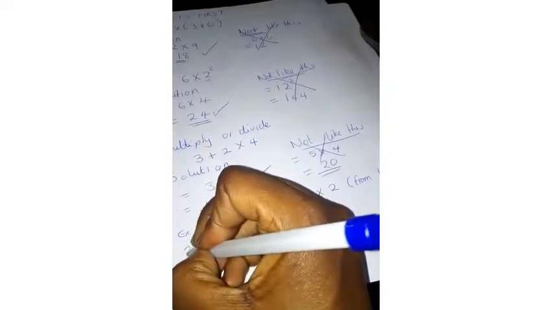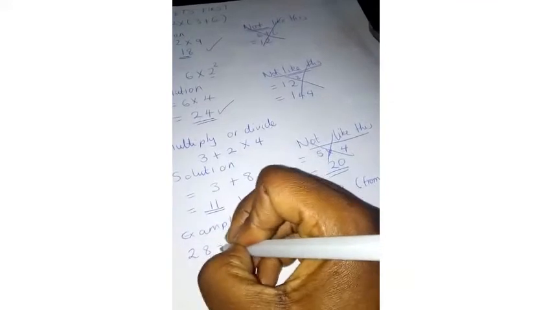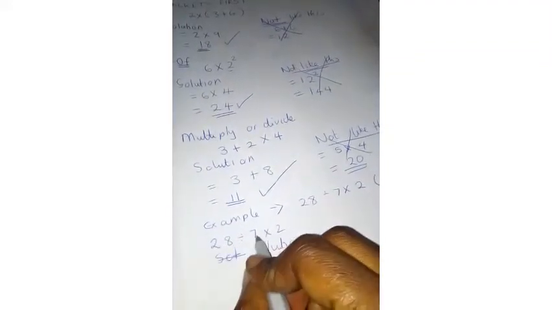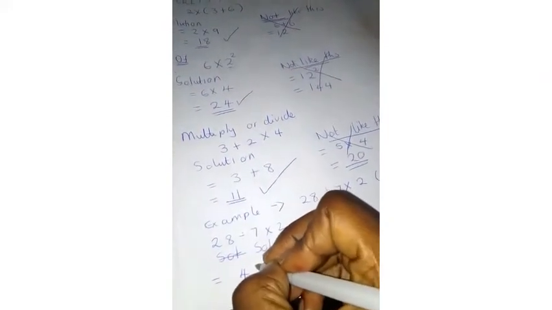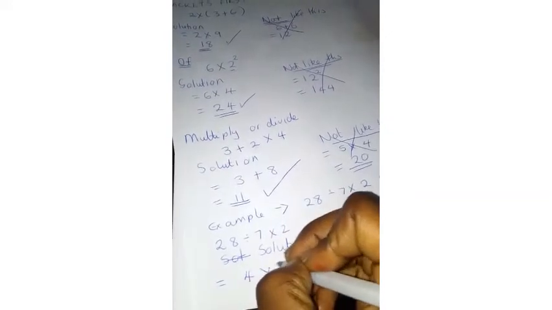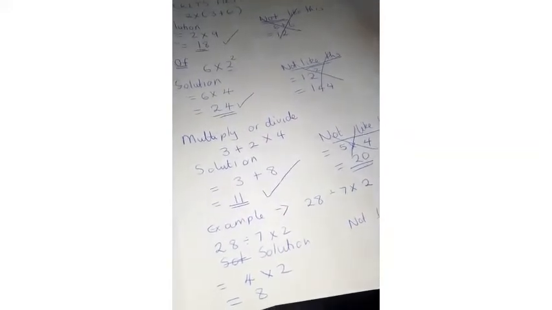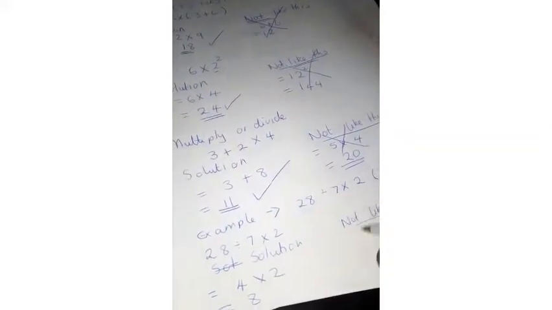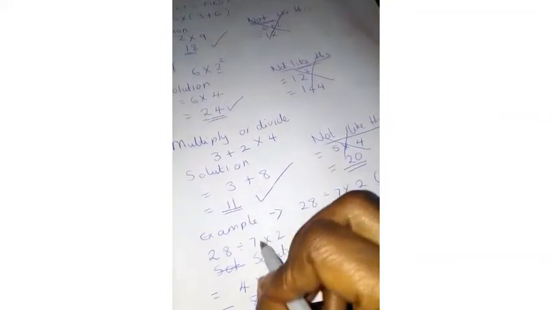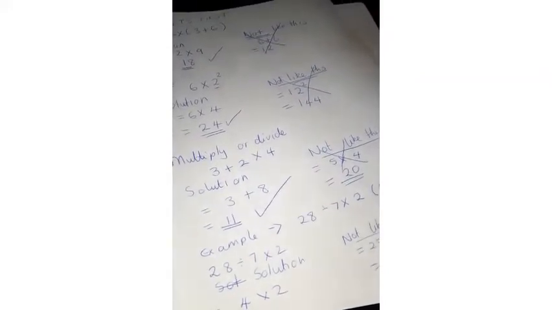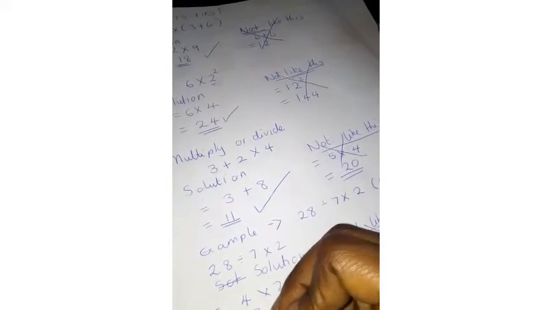Therefore, we first say 28 divided by 7, which is equal to 4, times 2. This is equal to 8. And not like this: 28 divided by 14, which is equal to 2. This is wrong and this is correct.